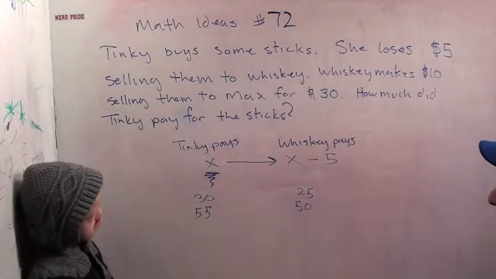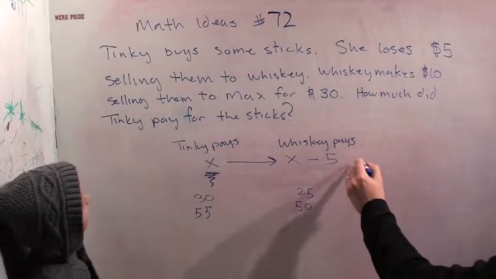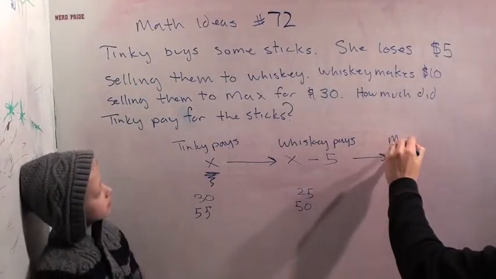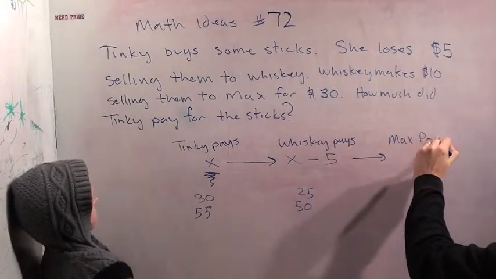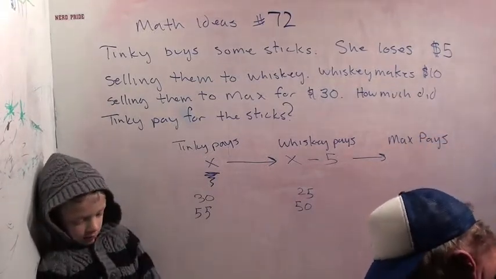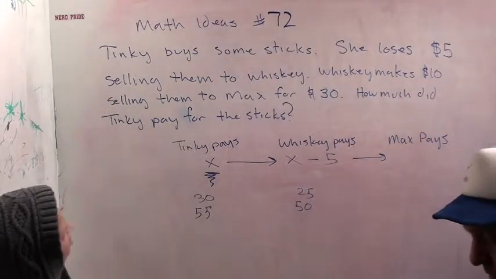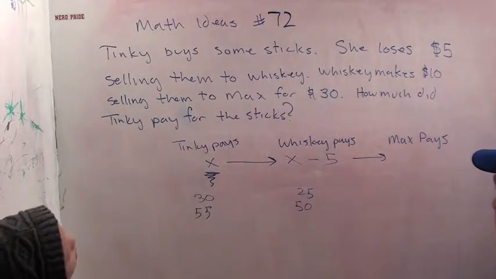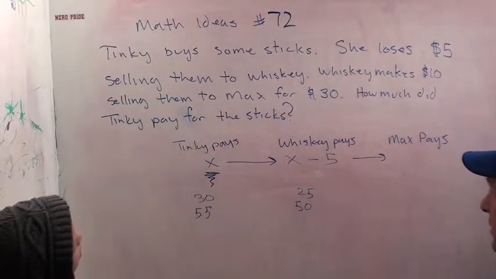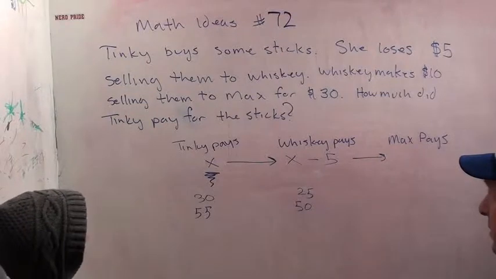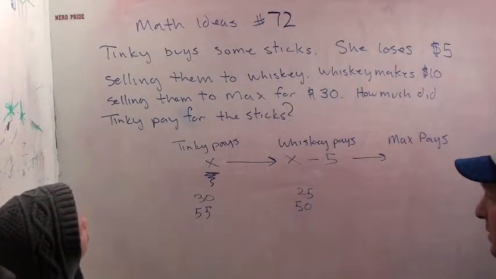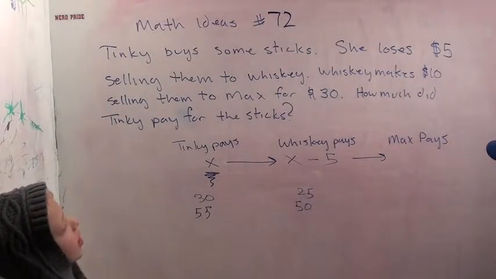Whiskey makes $10 selling them to Max. Okay. So Max pays. How much does Max pay? Max pays $30. That's right.